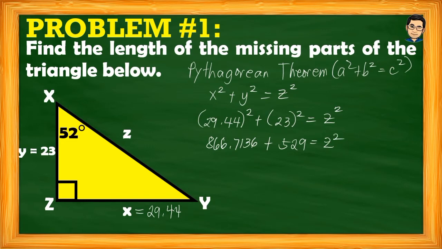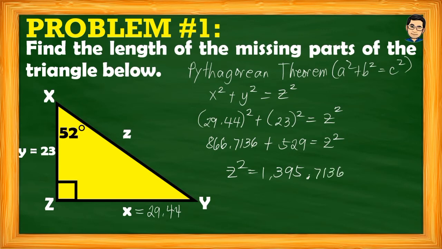So 866.7136 plus 529, we get a sum of 1,395.7136.